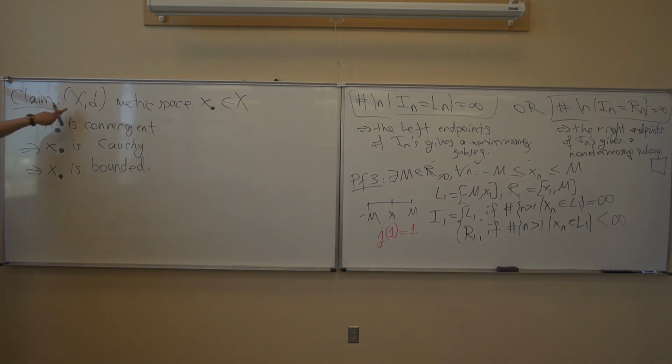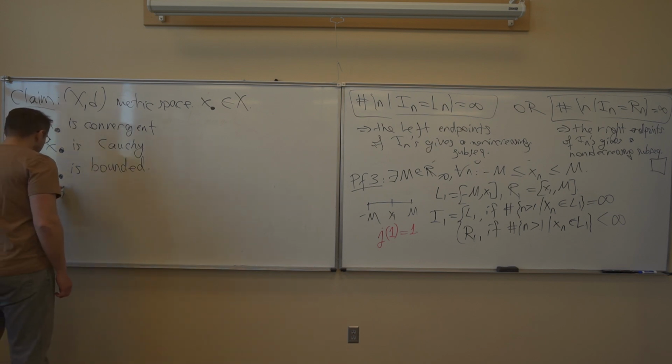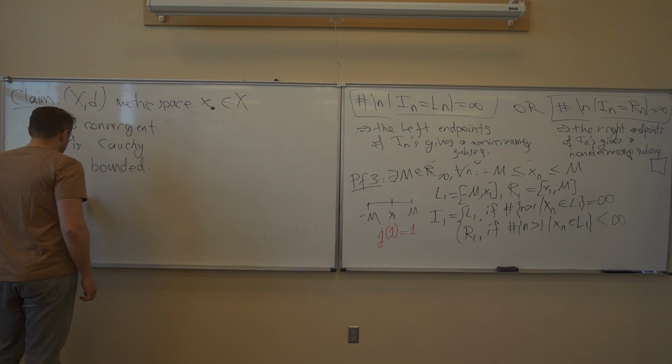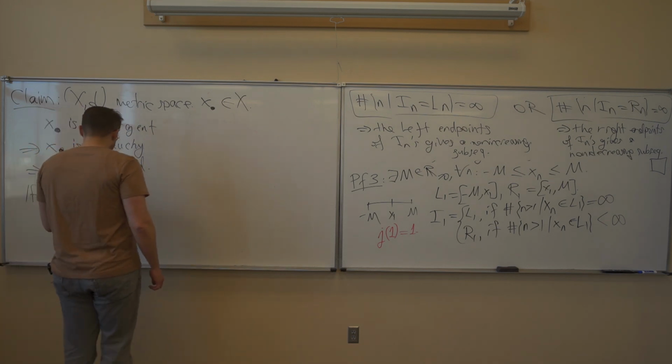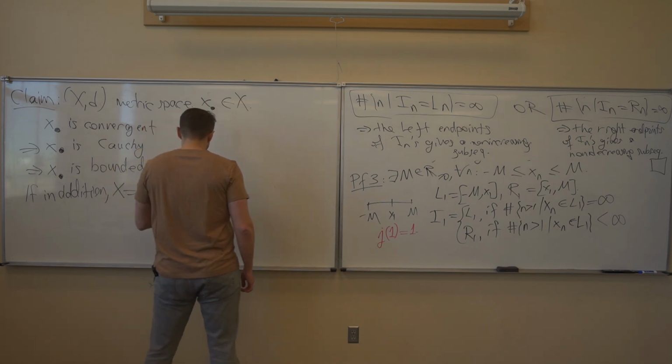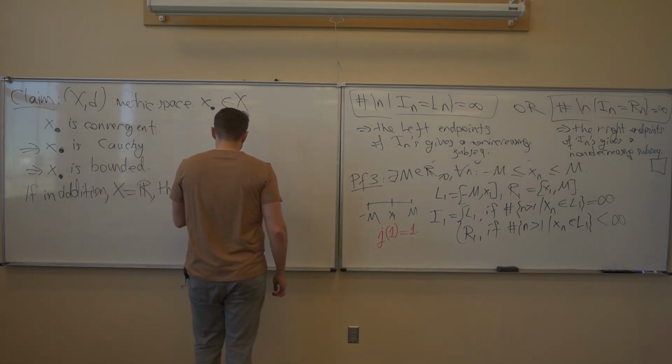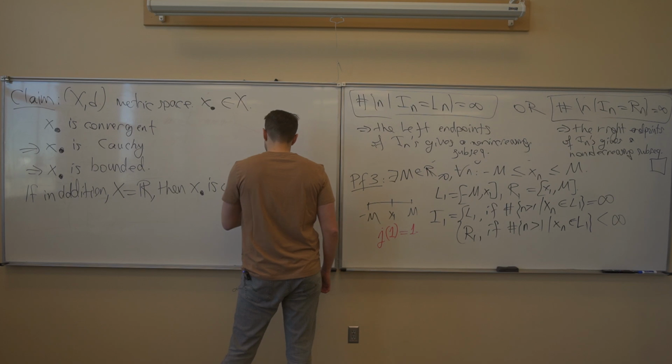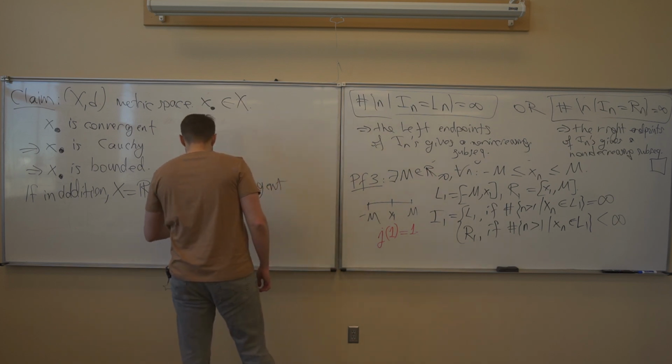If in addition you know that this space X is actually the reals, and the metric is the Euclidean metric that we discussed, then in fact any Cauchy sequence is also convergent. So this is upgraded to an equivalence. Convergent if and only if Cauchy.